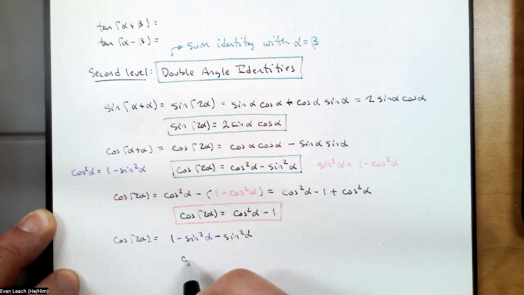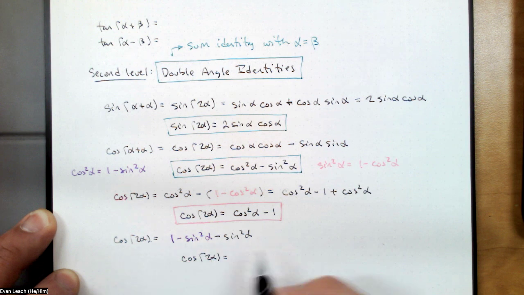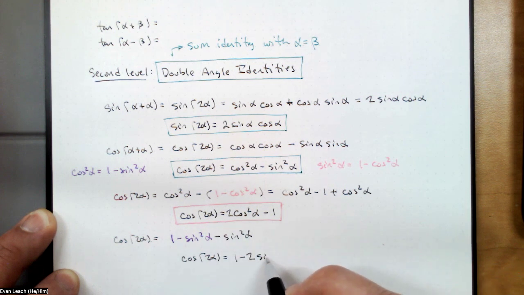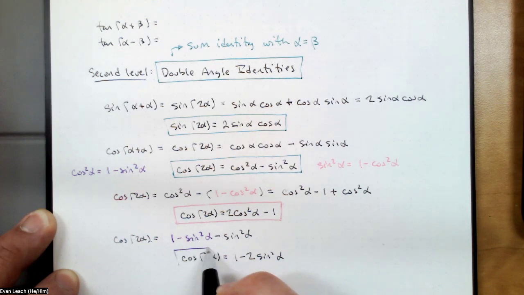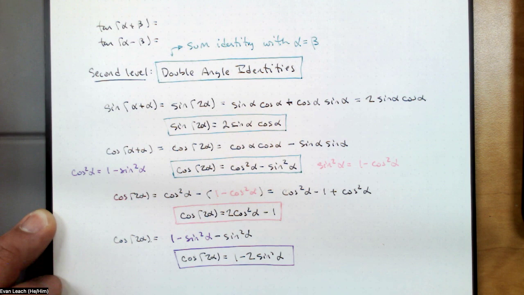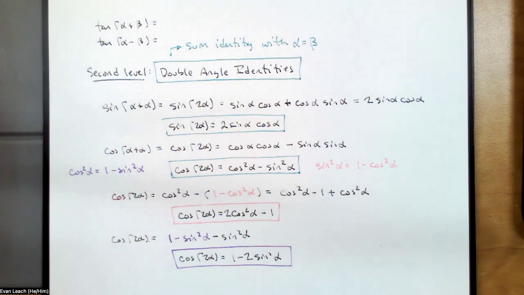So now I have this other variation of the double angle identity for cosine. Cosine of 2 alpha is 1 minus 2 sine squared alpha. I forgot the 2. So we've got all these variations for the double angle identity for cosine.